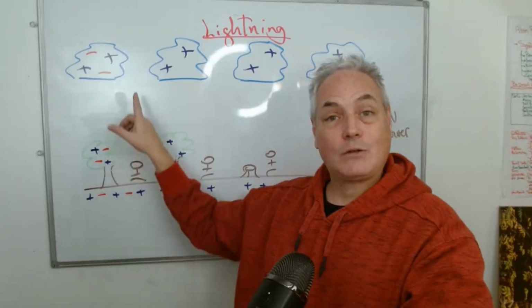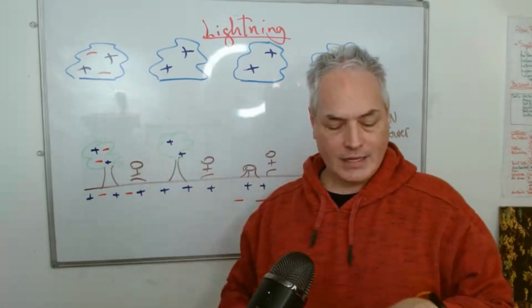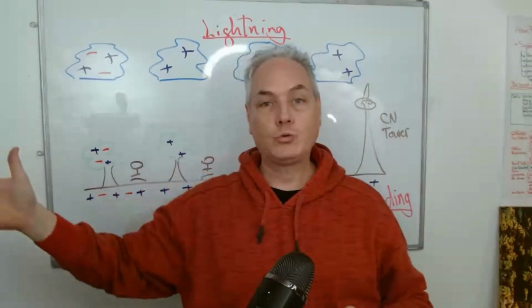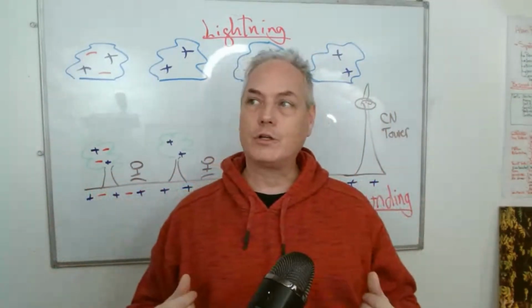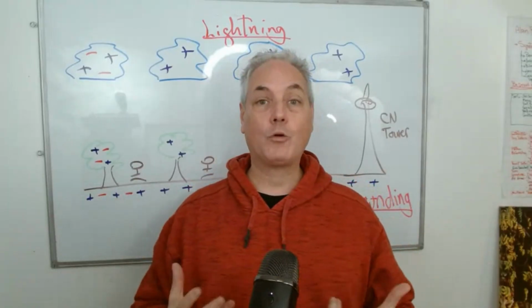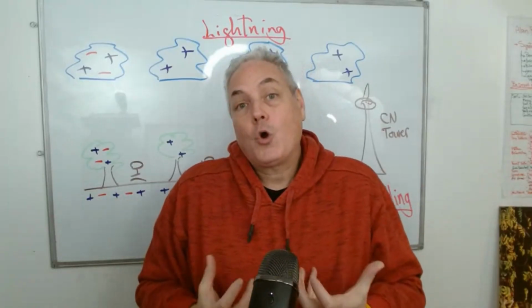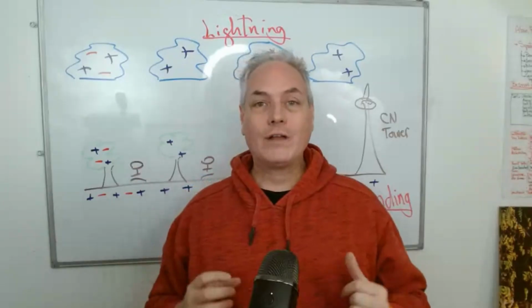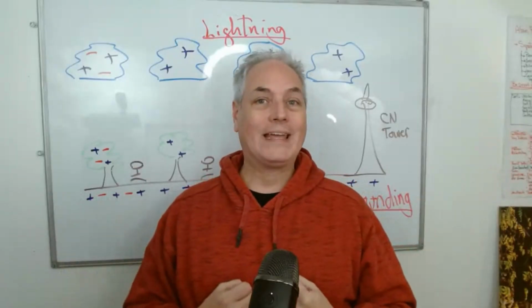Now what's happening is that when you have clouds, for example, a cold front and warmer air in the atmosphere, the warmer air would have more water droplets, and water is a great way to absorb electrons.